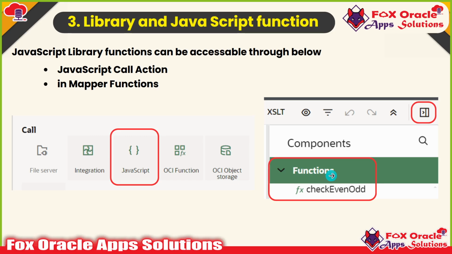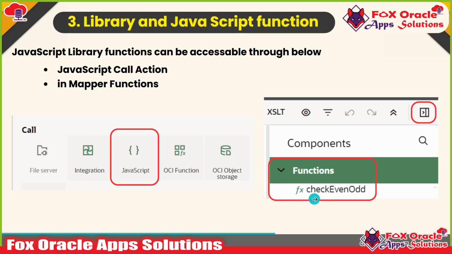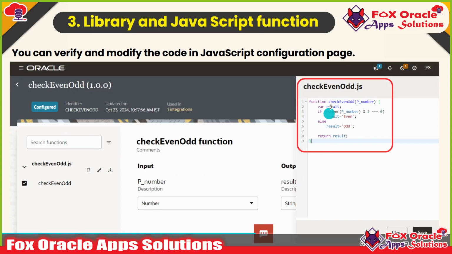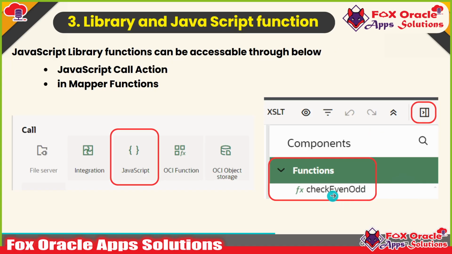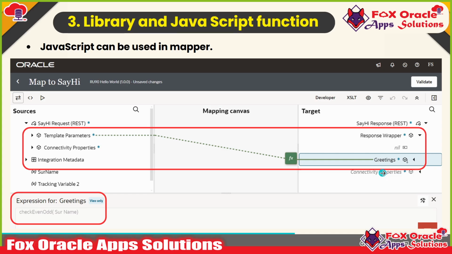In the functions tab we have custom function, and there you will see the function name checkEvenOdd, the same function we created. You can map this function in the mapper wherever you want to use it.